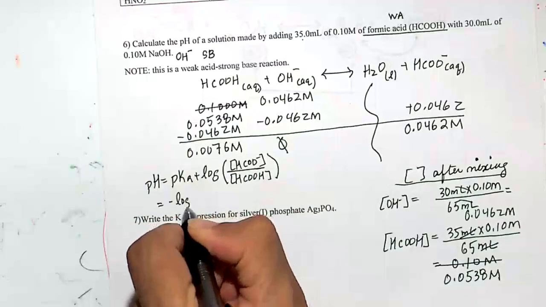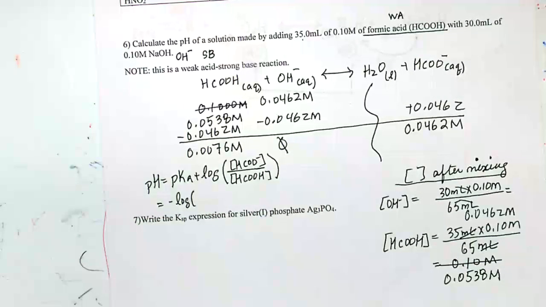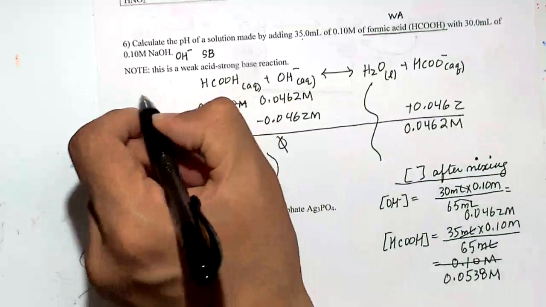All right, so pKa is minus the log of Ka. So let me give you the Ka of formic acid really quickly here. And it is 1.78 times 10 to the minus 4.